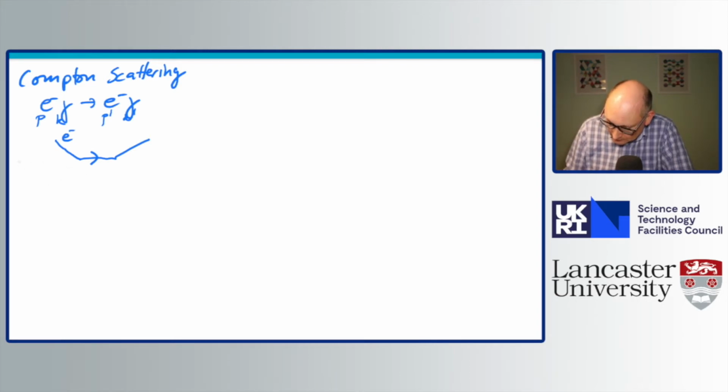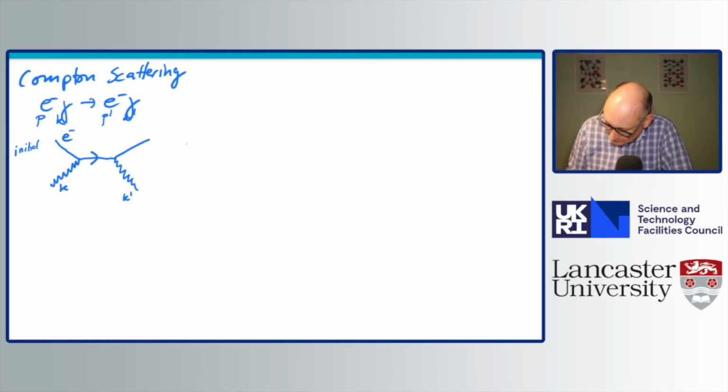Now, this is the initial state here. There's also a photon. Now that photon can connect here, and there's a photon in the final state. So this is one diagram.